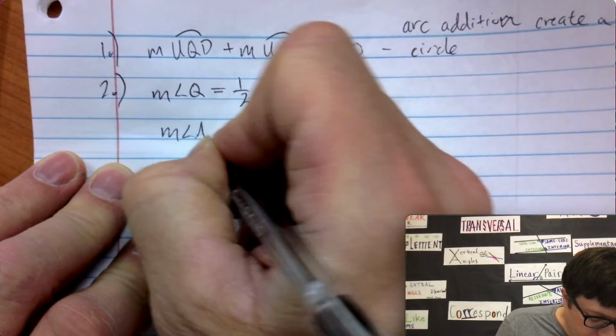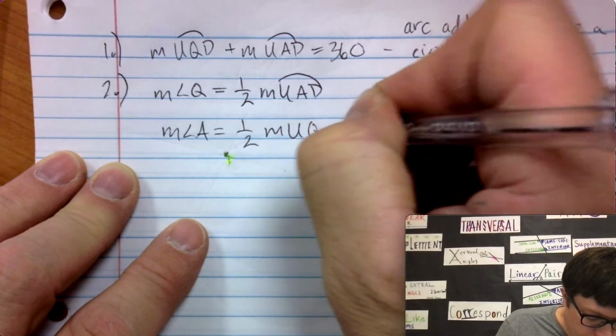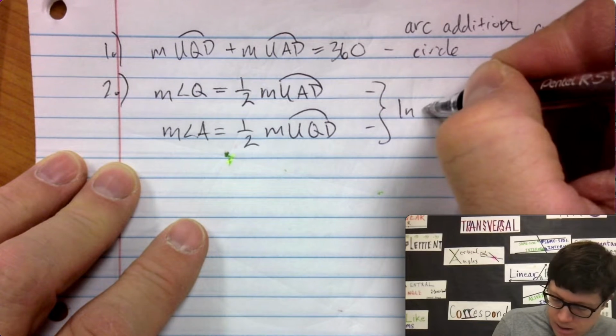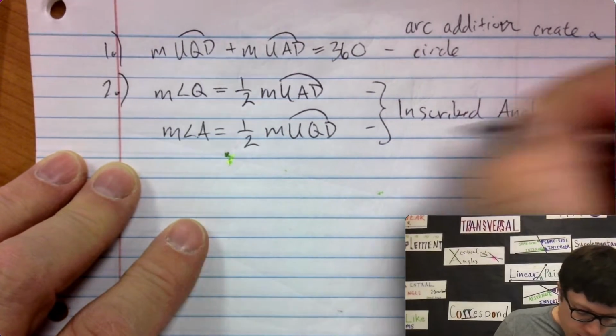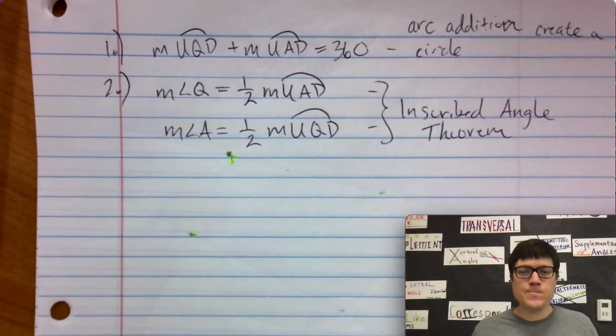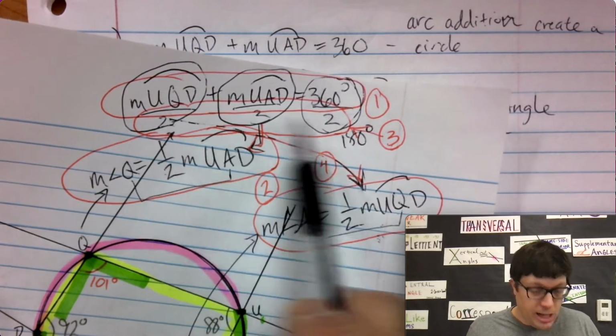The measure of angle A is also going to be equal to 1/2 the measure of UQD, because they are both the inscribed angle theorem.